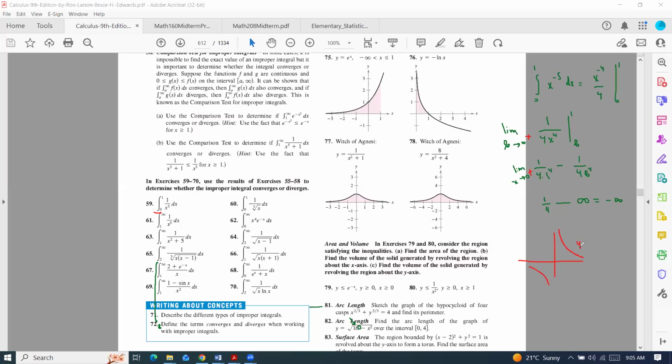We're dealing with a standard picture of a hyperbola, so the region produced by our favorite y-axis and the hyperbola. So the region is here. And please notice it's infinite from 0 to 1 on the bottom.